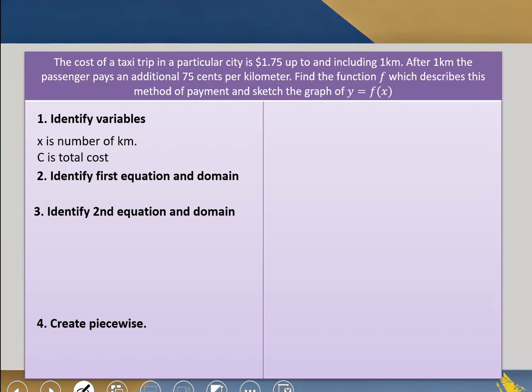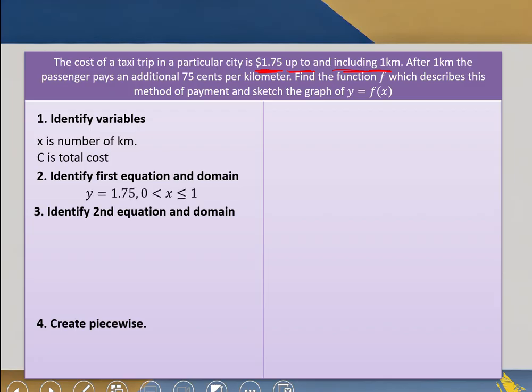Straight away it says the cost of a taxi trip is $1.75 up to and including 1 kilometre. So this would be your cost of calling a taxi. It will be a fixed cost of $1.75 for 0 to 1k. So that will be our first equation.